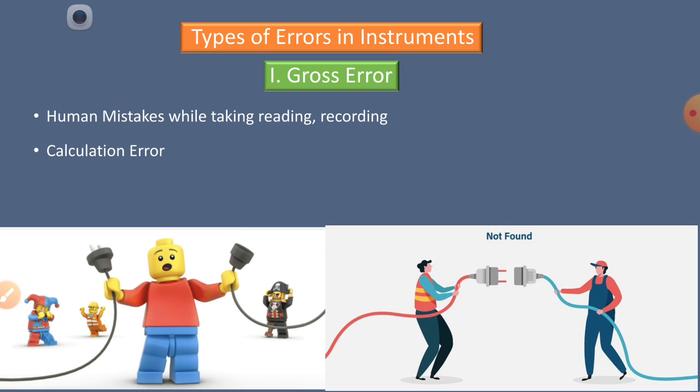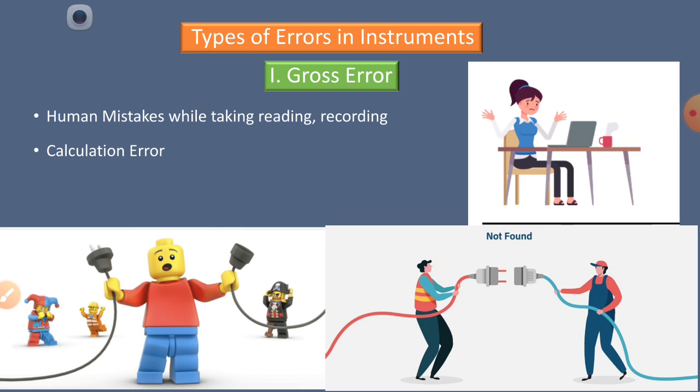For example, 10 kilometers per hour, instead of that we take 10 meters per second, then automatically the total calculation goes wrong. That is a calculation error. So there is a chance in reading itself that instead of reading 2 1 you may take 1 2. You may take 0 1 0 instead of 1 0 1.